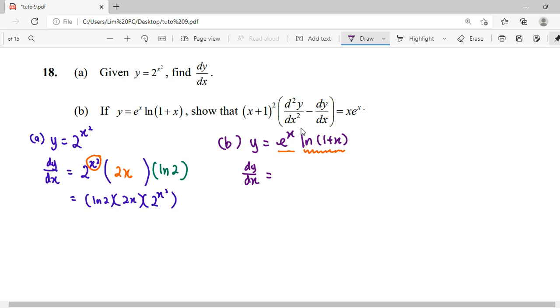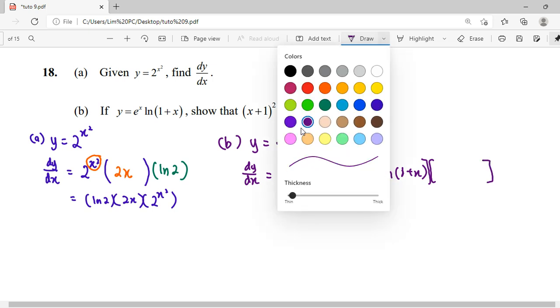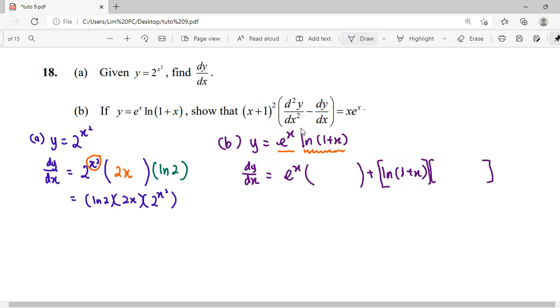How does the product rule go? Copy the front, differentiate the back, then plus copy the back, differentiate the front. So we set out our product rule, then we differentiate the parts that we want.